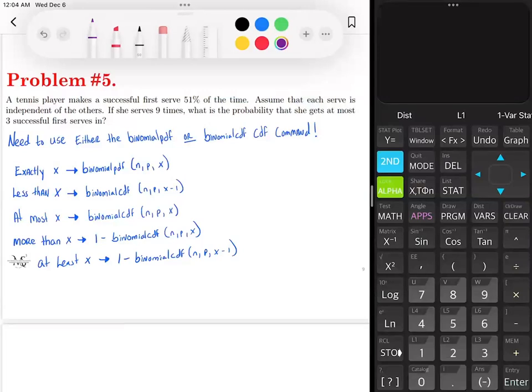Now, this is just a conceptual note. For problem 5, we are using a binomial command because the variable we're given is the number of times that a tennis player makes a serve. So the number of serves is what we call discrete data.